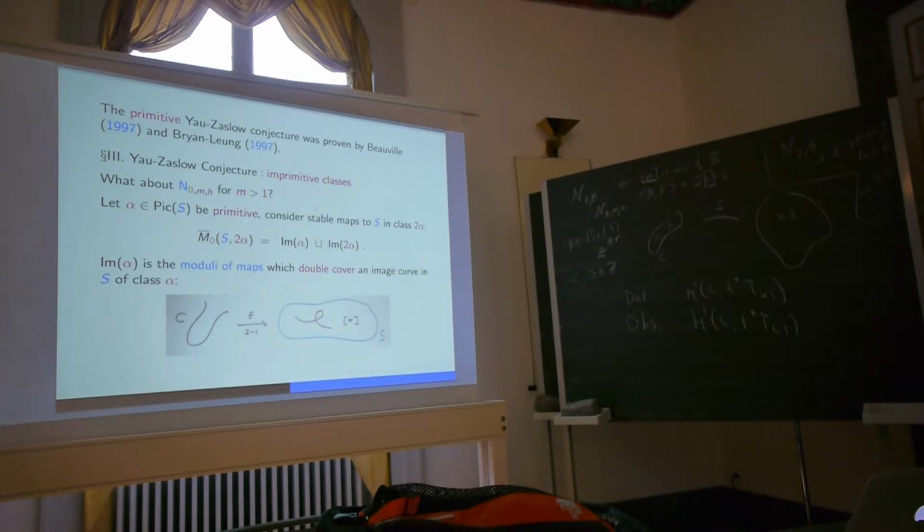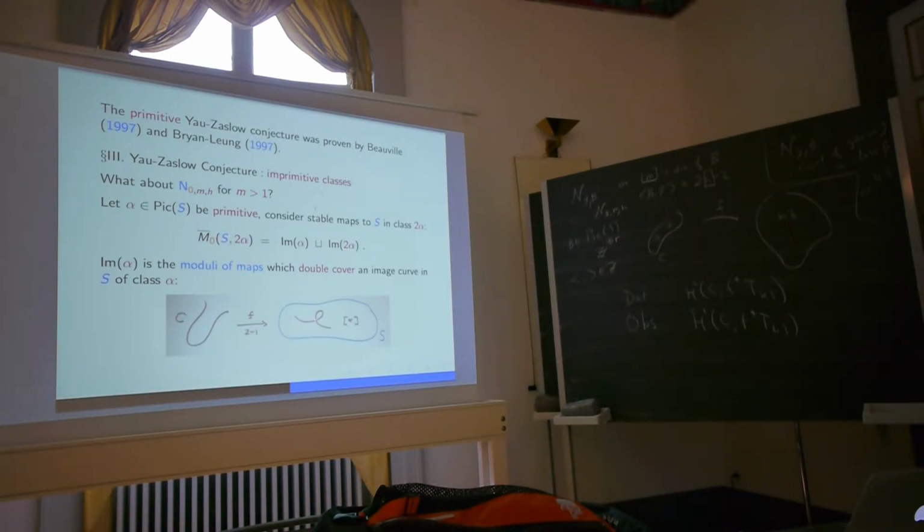So if I take a primitive class, I want to consider maps in twice that class. If I'm going to consider imprimitive classes, the simplest imprimitive class is one with divisibility 2. If I take a class of divisibility 2 and look at Riemann spheres getting onto this K3 surface in a class of divisibility 2, there are two ways that a Riemann sphere can get onto this K3 surface in an imprimitive class.